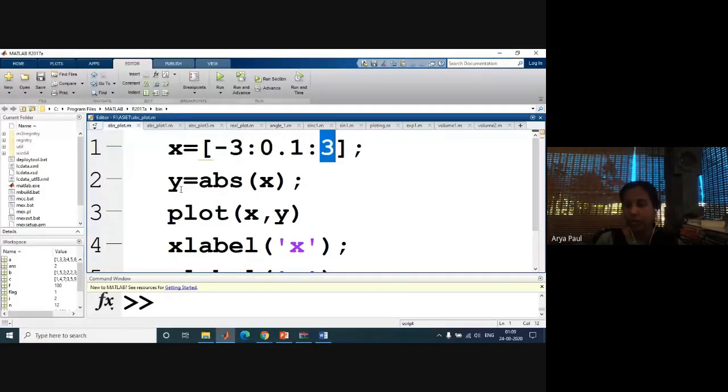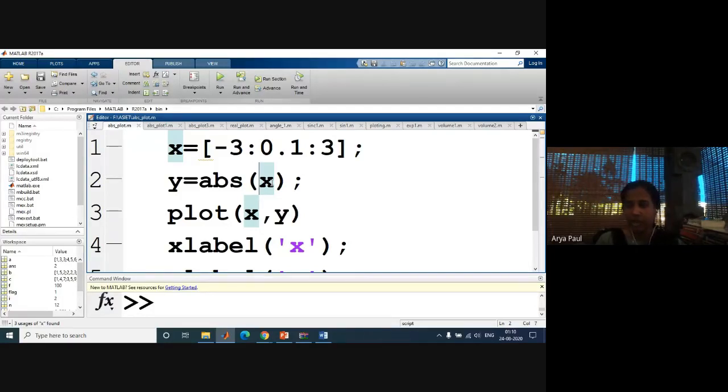Now you are plotting y. Y equal to, you just type ABS of x. That means you are finding the absolute value of x. For any negative number, ABS of x will fetch you the positive result, isn't it? ABS of minus 3 will give you 3, ABS of minus 3.2 will give you 3.2.